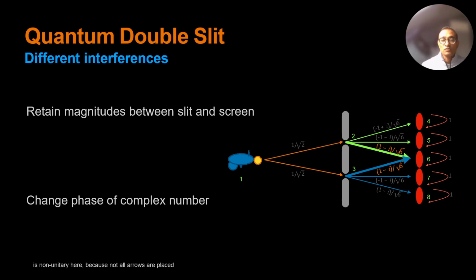So in a nutshell, the biggest difference between the quantum double slit and the probabilistic double slit is that the magnitude between the slit and the screen is retained. You can still have 1 by 6 amplitude coefficient squared equal to probability, but there is also a possibility of phase change because of using complex numbers.